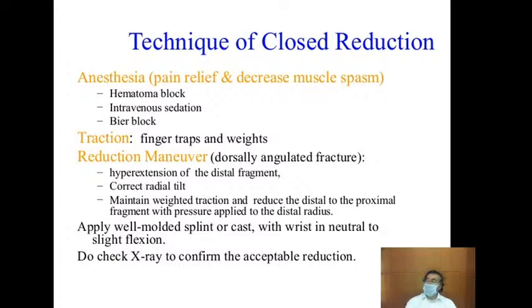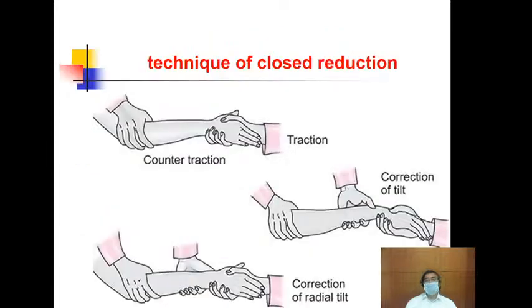And if the reduction is not acceptable, then you may have to redo the maneuver again. So we have seen this is the fracture, and the traction is being given in this direction and counter traction is like this, and the dorsal tilt is being corrected from here and radial tilt is being corrected by this maneuver, and they put the plaster.